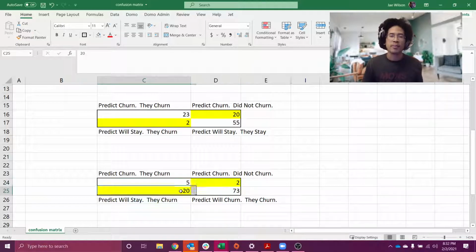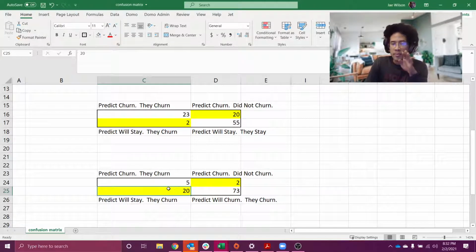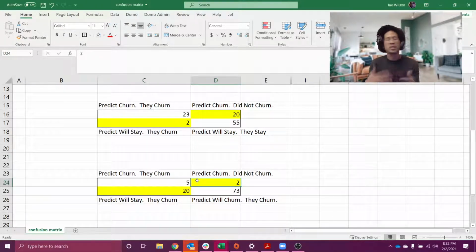But the revenue guy, he wasn't impressed at all. He's like, Jae, look at all these false negatives. You told me 20 people were not at risk of churning and they left us. And here's the thing, I don't think you understand my business. The cost of customer retention is pennies on the dollar compared to the cost of acquiring a new customer.